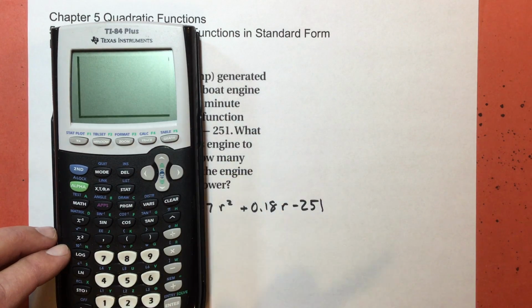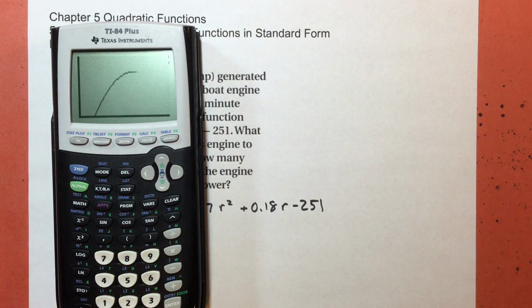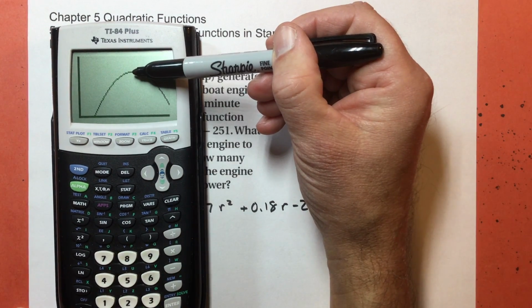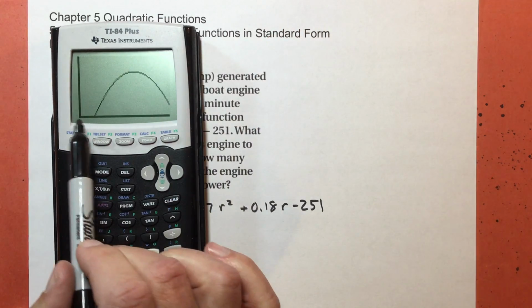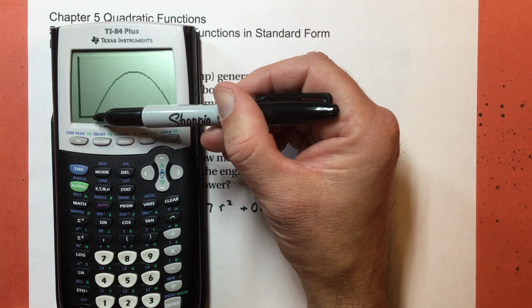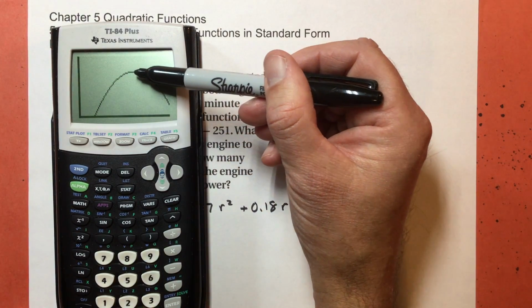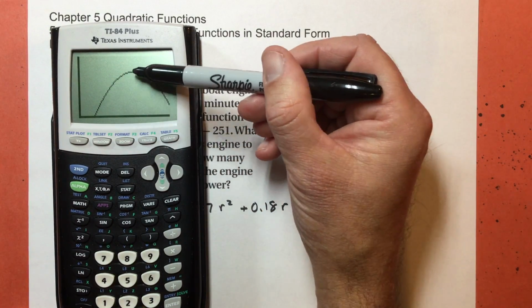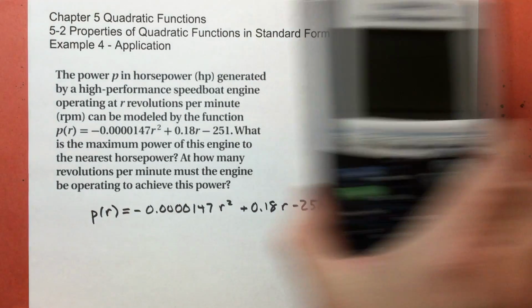Maybe that might work. Yeah, that's going to show in my graph. I can see more of it, but that's okay. Right here is going to be the maximum. My X value is the RPMs, my Y value is the horsepower. It's going to increase horsepower until it starts to decrease. So I want to find that point right there.